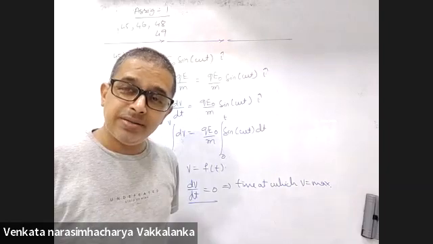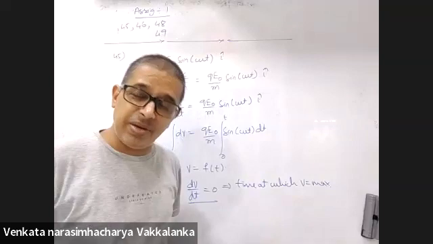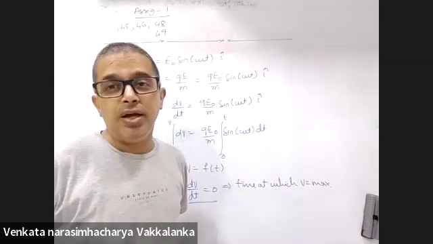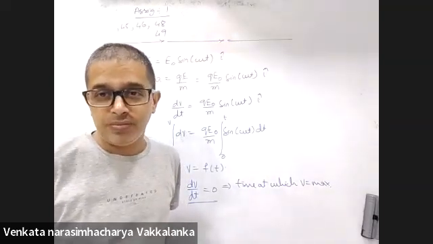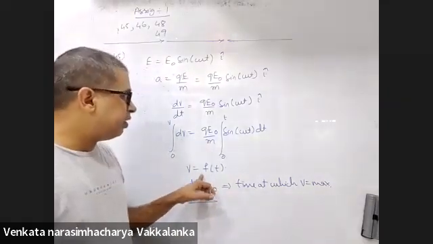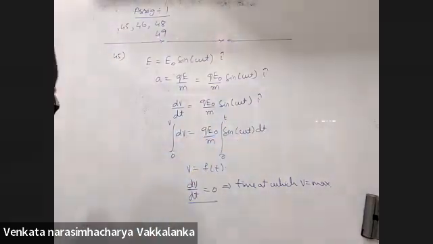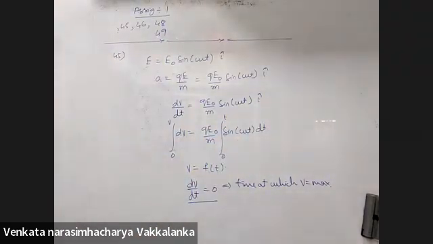At equilibrium position, velocity will be maximum. Equilibrium position means acceleration should be 0. Yes, sir. Technically, dV by dt is nothing but this, and when I equate it to 0, I get the answer. Yes, sir. Got it.